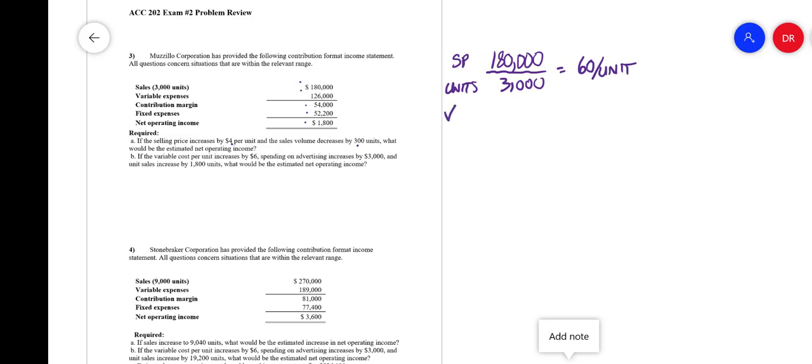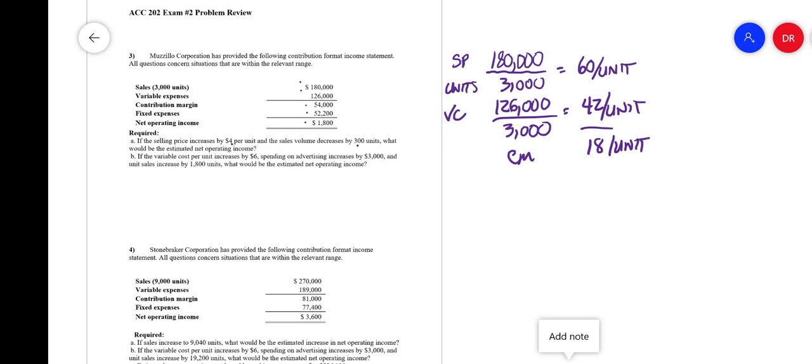Then you have the variable cost. You also have to do this with them. You have 126,000 in variable cost divided by 3,000 units. You get $42 per unit. Okay? And then that means the contribution margin per unit is $18.